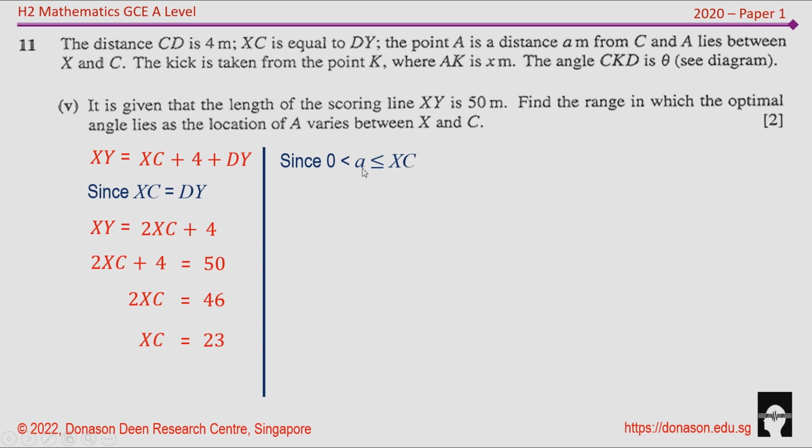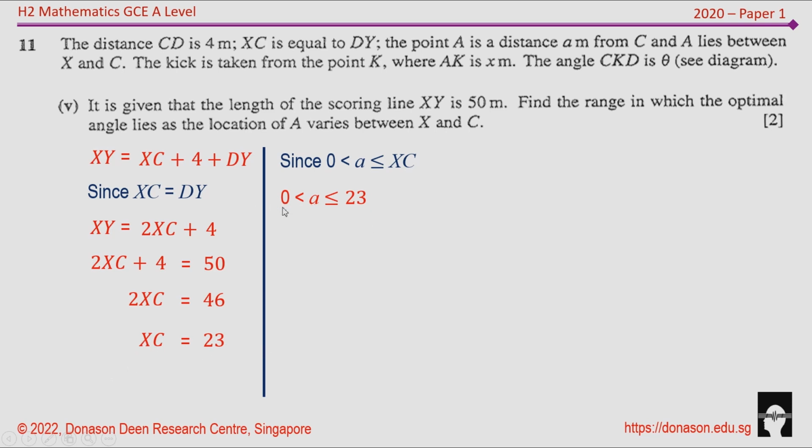Of course, A cannot be 0, otherwise you don't have a triangle at all. So A must be bigger than 0, but A can move all the way to the endpoint C, so it must be less than or equal to XC. So your A can be between 0 right up to 23, because the maximum value of XC is 23. So there we have it.